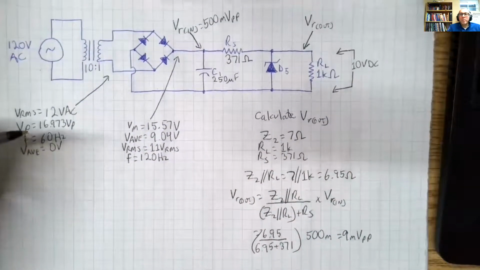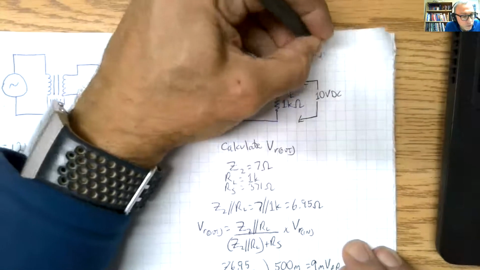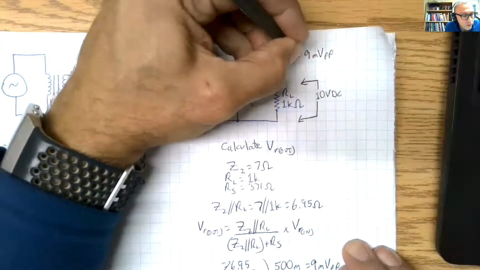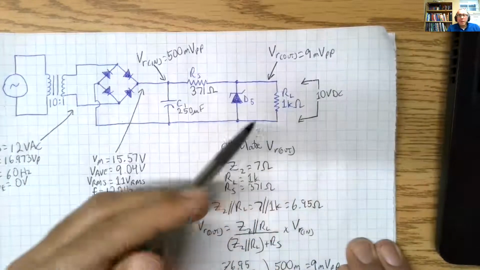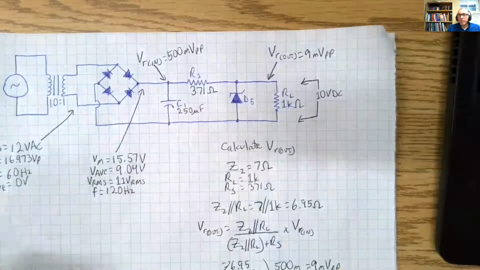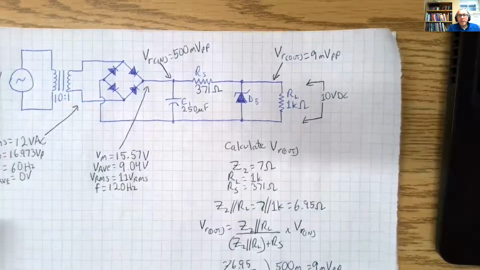So we went from 500 millivolts to 9 millivolts, and we have a steady 10 volts DC. So we have a fairly clean signal.